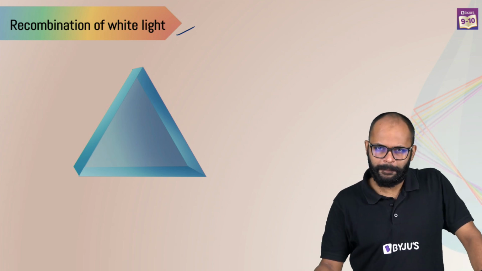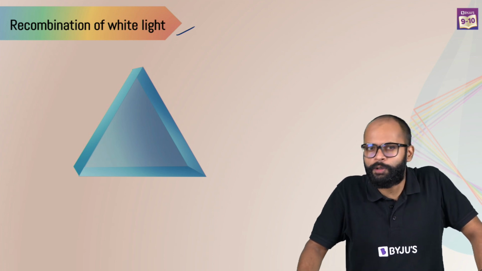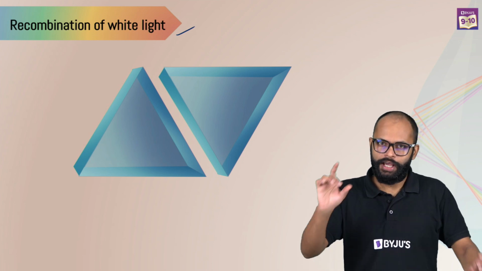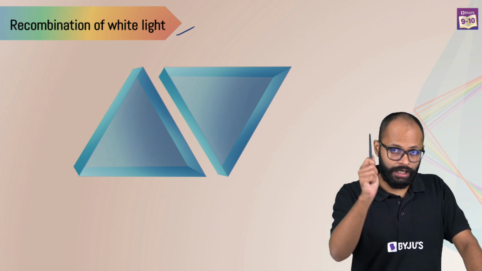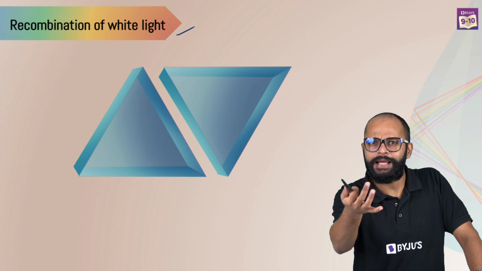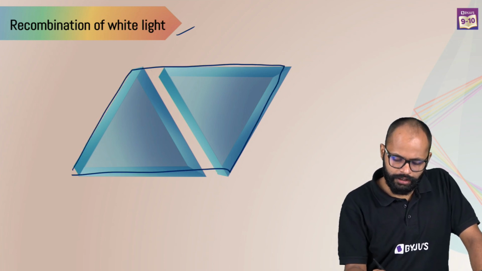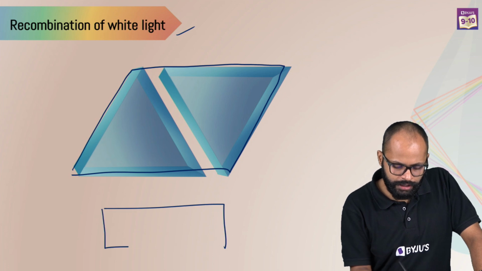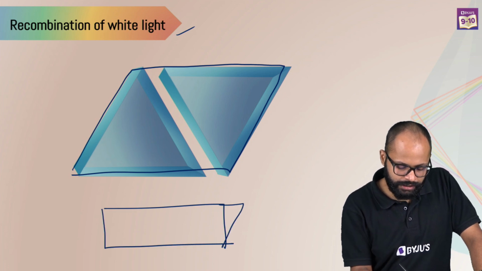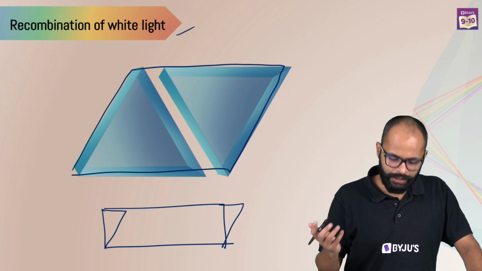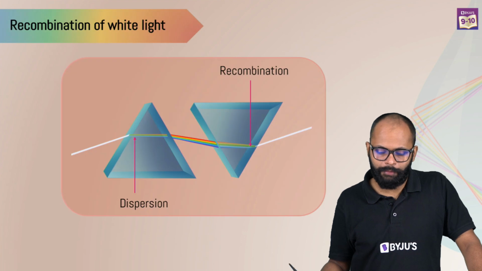So in a way, you are thinking to use one more prism, but inverted. And if you do this combination, you will get another glass slab kind of thing, no? Doesn't it look like a glass slab? It does, because this is what the glass slab was. I have just made its sides, it's like a parallelogram now. Okay, fine. So yes, this is how you can recombine.